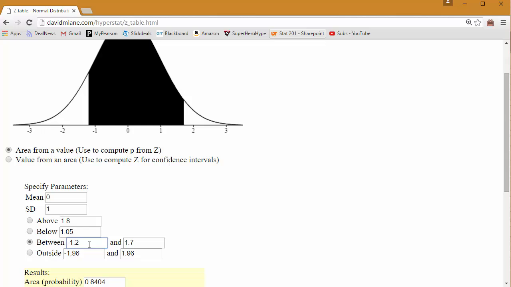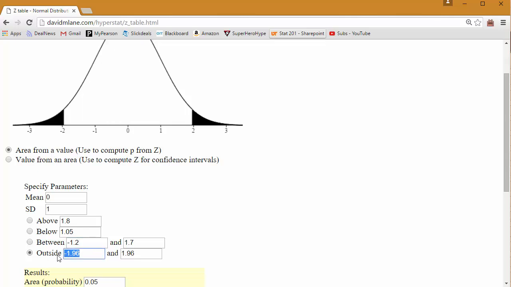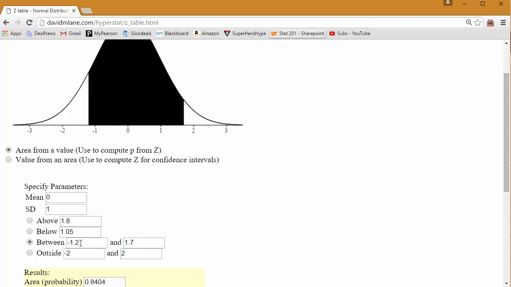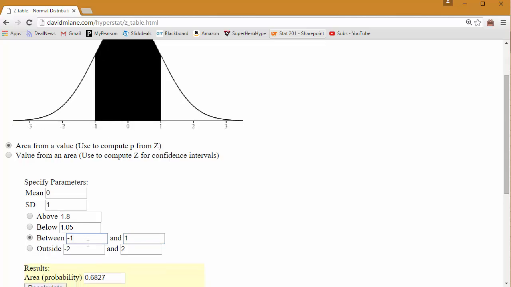Because I'm going to go outside of, and you'll see here, -2 to +2, and there's the answer I obtained. When we go to the between, you can see the exact numbers. So this is your first empirical rule. 68 is actually 68.27. We rounded it to 68 for you. 95, as I mentioned, is 95.449. It even rounds it there a little bit.